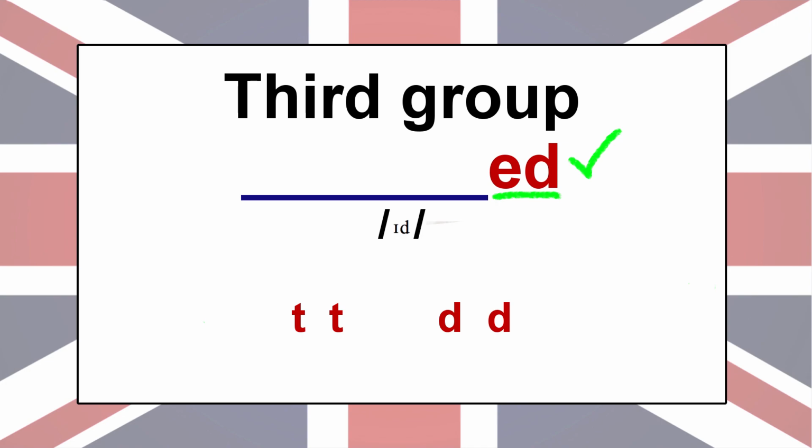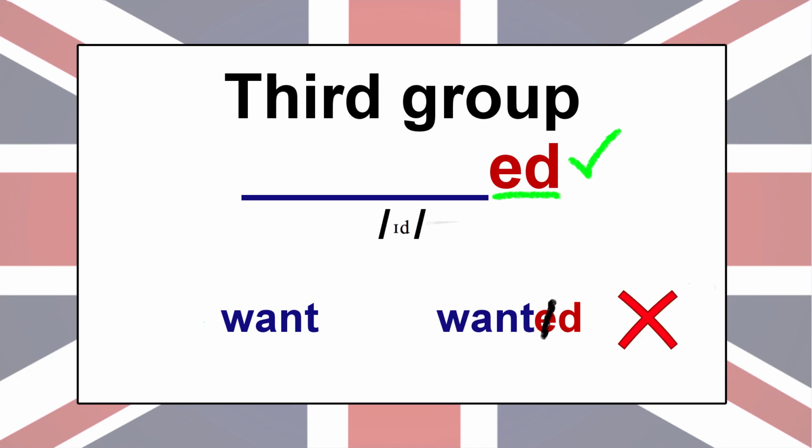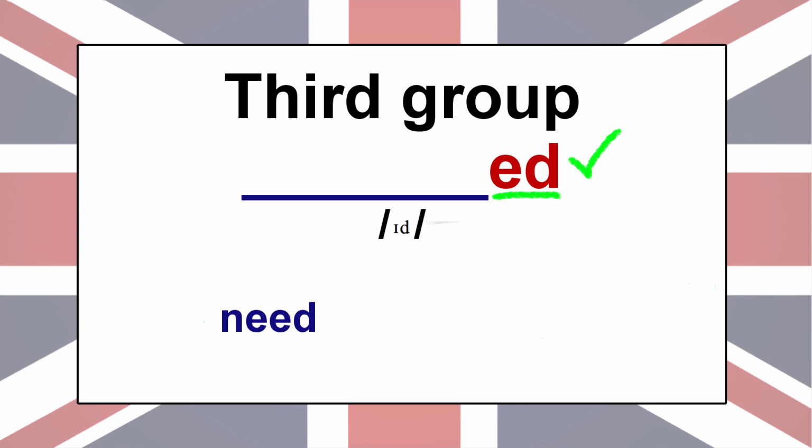An example for this, the verb want. We cannot say wanted like that, so we say wanted with id. Another verb for this is the verb need. So in this case, we say needed.